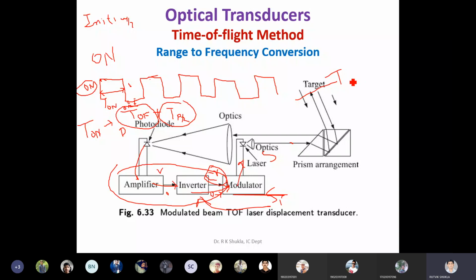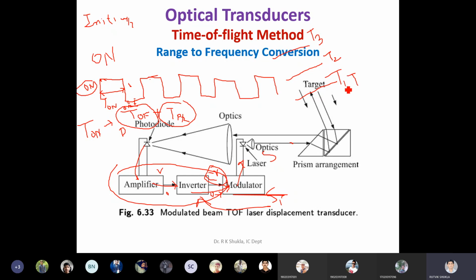Now suppose earlier the target T was over here. Now suppose I put the target at position number 2, T2. Earlier it was T1, now it is T2. Then I will put it at T3. Now if I change from T1 to T2, the on time will change. Can anyone tell me?